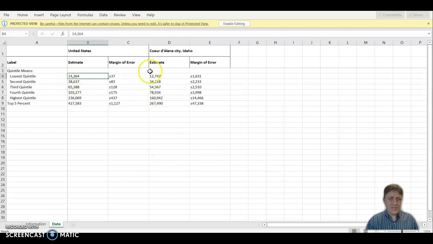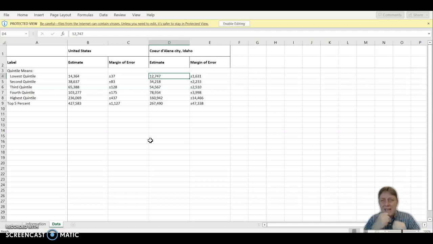Whereas for the lowest quintile, everybody's doing really badly in the United States overall, on average $14,364. In Coeur d'Alene, sure, it's still less, but by a smaller amount, $12,747.